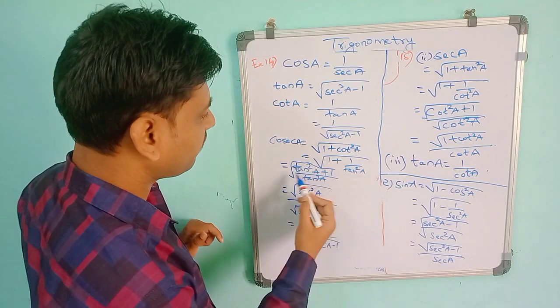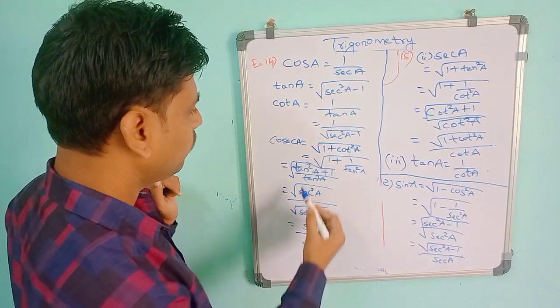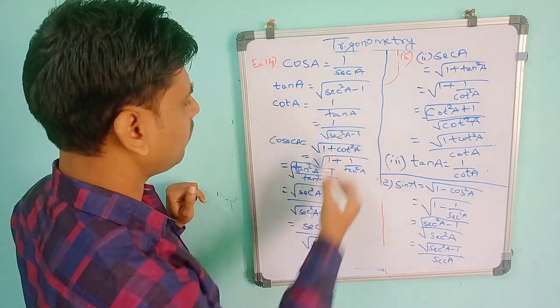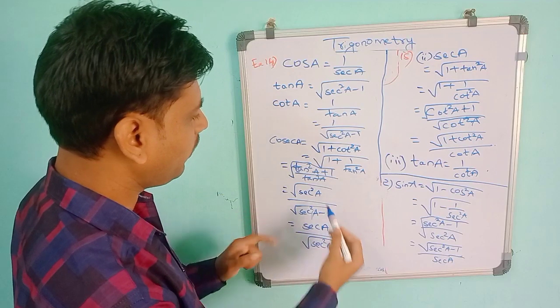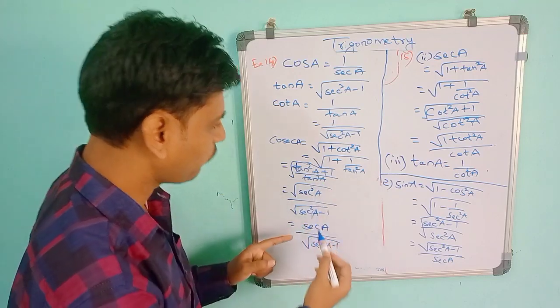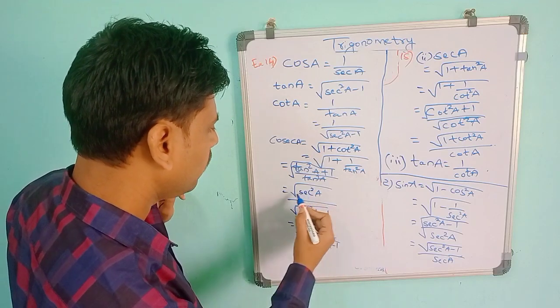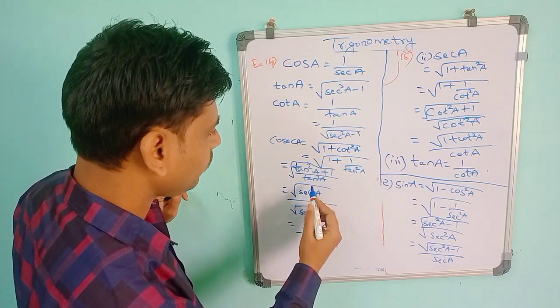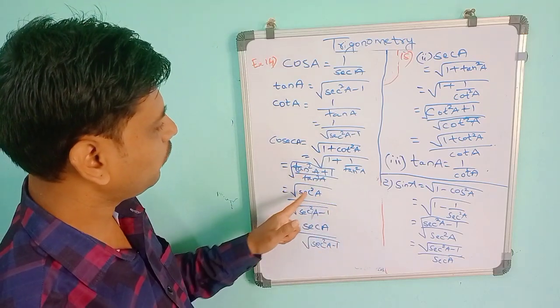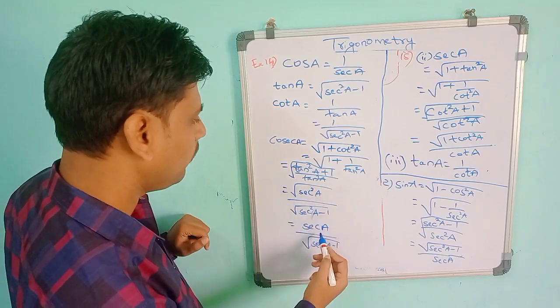So in this, 1 plus tan square a divided by tan square a. So root of 1 plus tan square a is nothing but sec a. So root of sec square a divided by tan square a, in terms of sec, means sec square a minus 1. The root and square get cancelled, so it will become sec a.